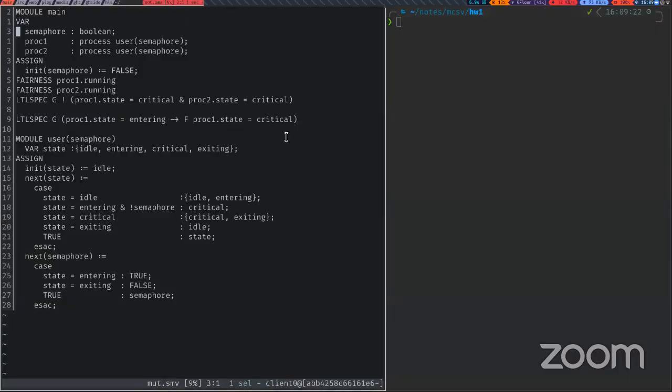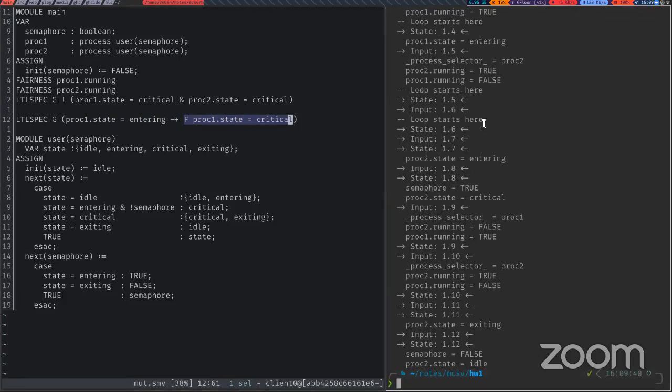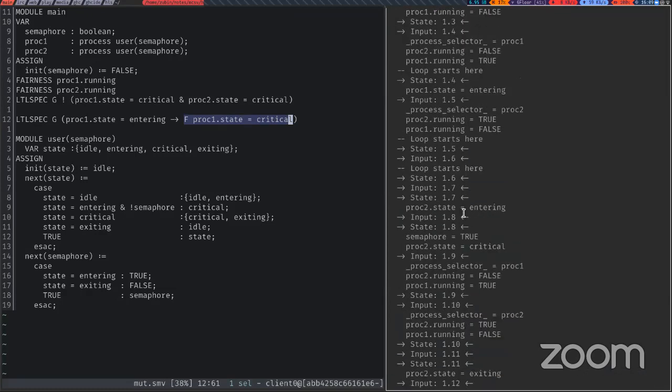Yeah. Okay, so this property says that if proc1 tries to enter the critical section, eventually it will do so. So NuSMV was giving us a counterexample. It has some states, and over here it says loop starts here.